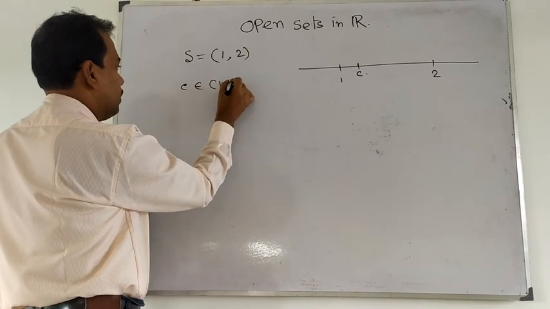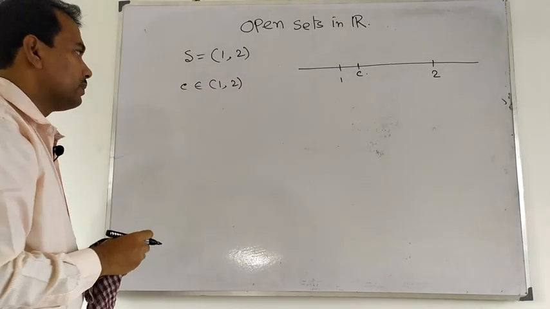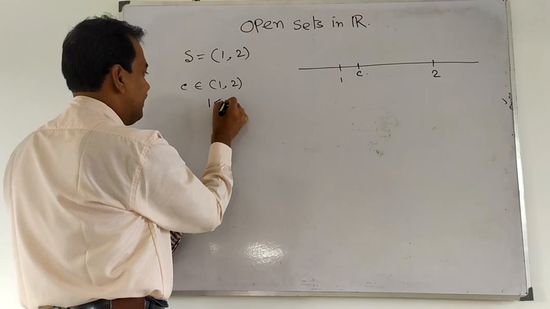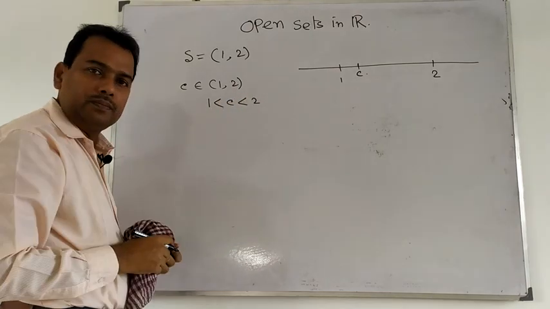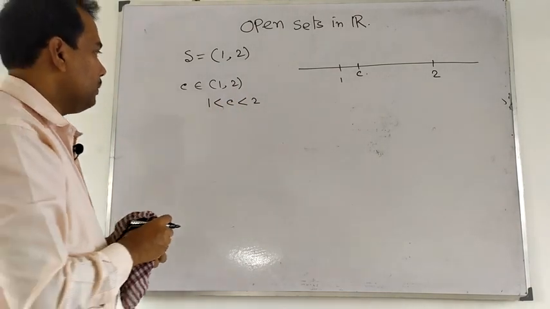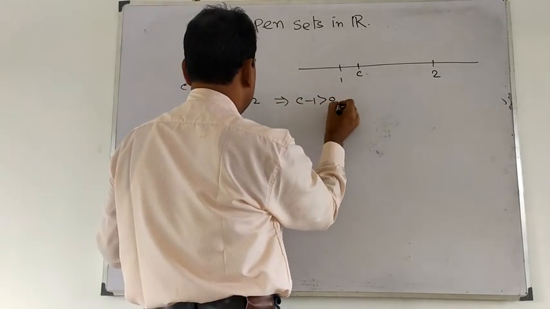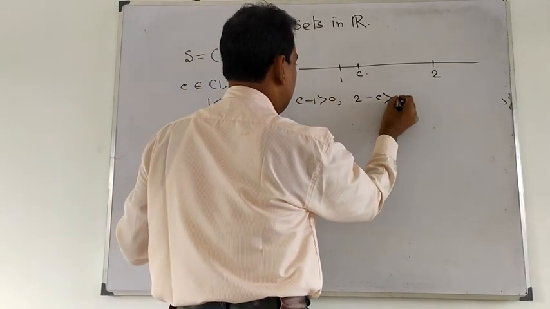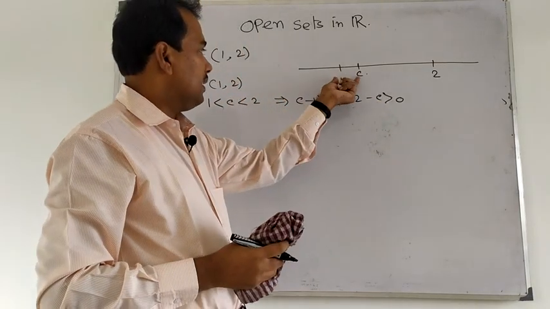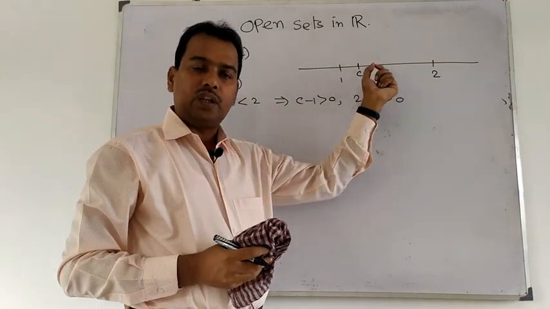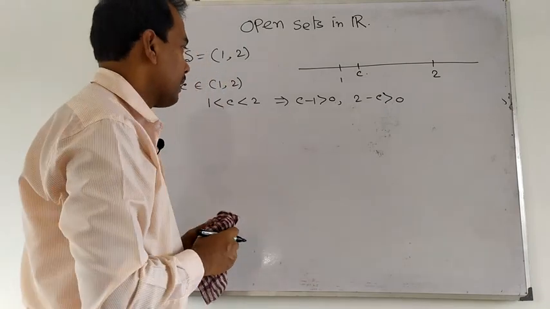Suppose C belongs to (1, 2). So 1 less than C less than 2. This implies C minus 1 greater than 0 and 2 minus C greater than 0. This distance as well as this distance is always greater than 0.